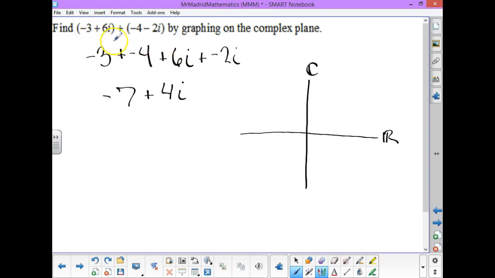So if I plot it, it's -3, 1, 2, 3, and 6, 1, 2, 3, 4, 5, 6. Alright, I'm going to plot this next one. So I got 4 and 2 down. Alright. So if I now connect them with the origin, you'll notice that it produces this right angle.